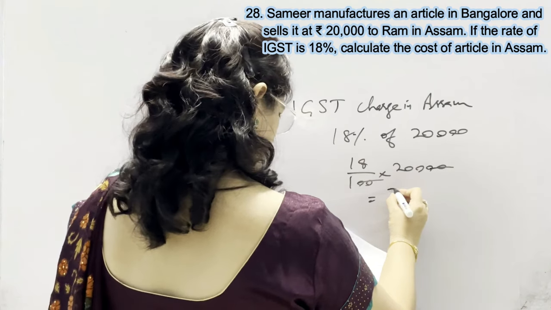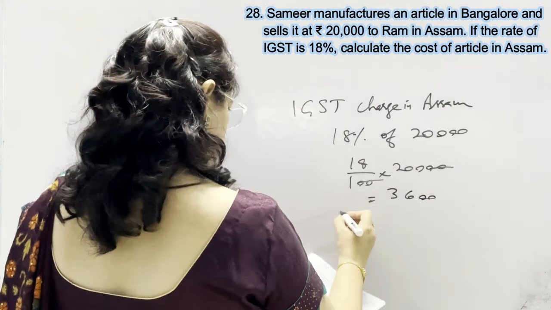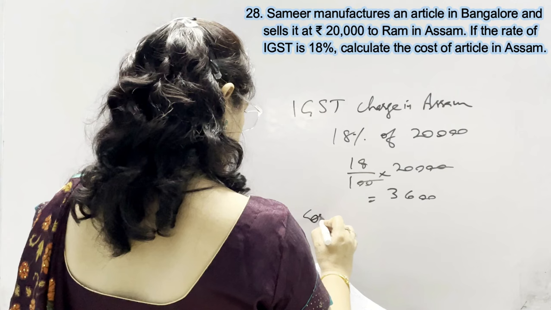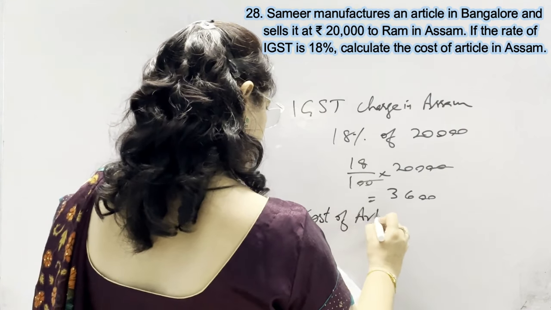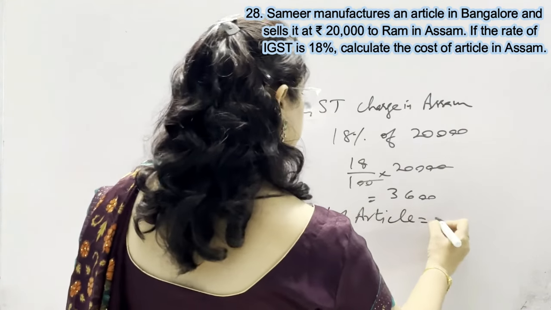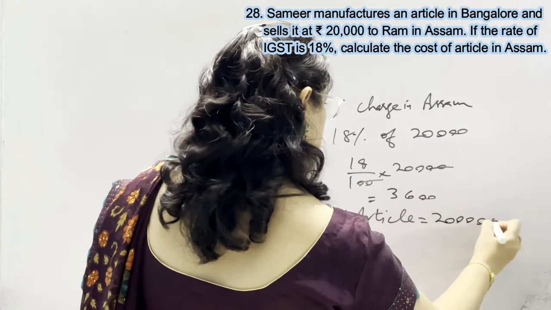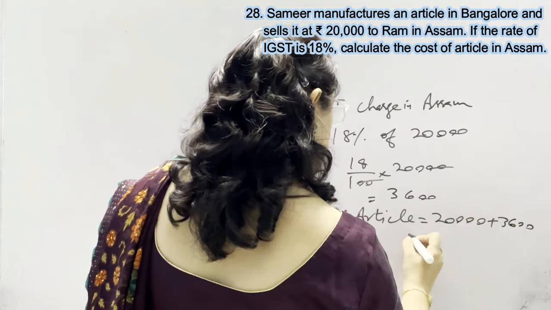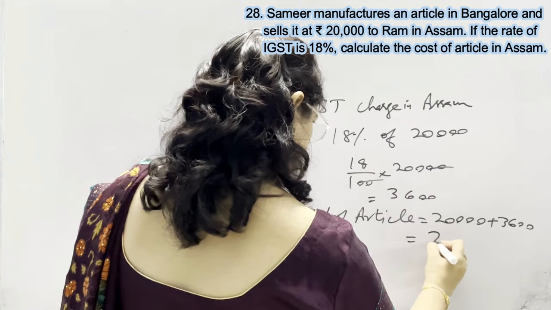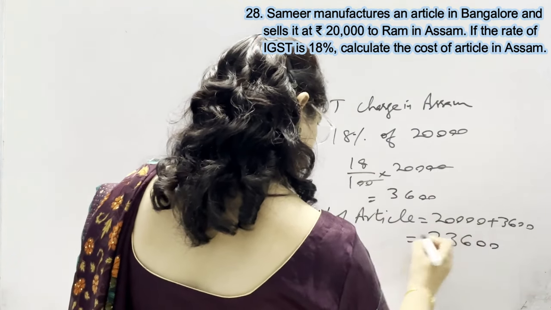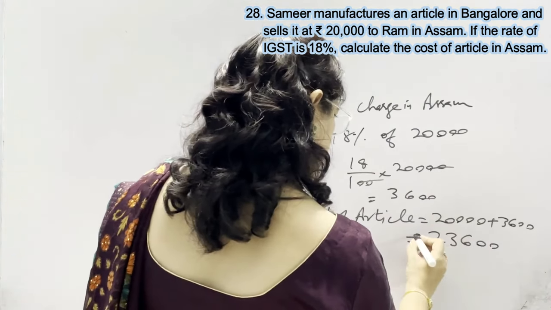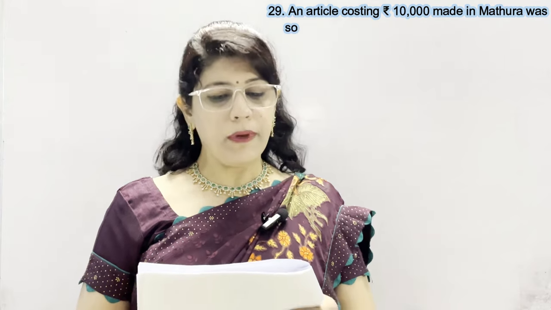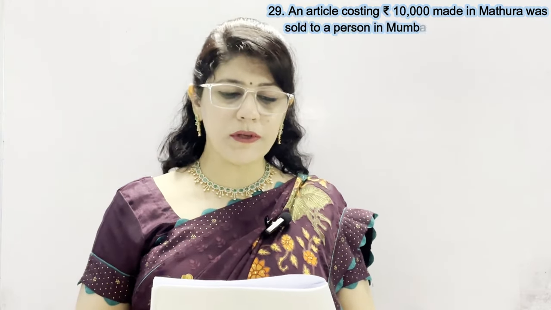Value is 3,600. So total value, you can say, cost of article is 20,000 plus 3,600 IGST. So it means 23600 rupees.